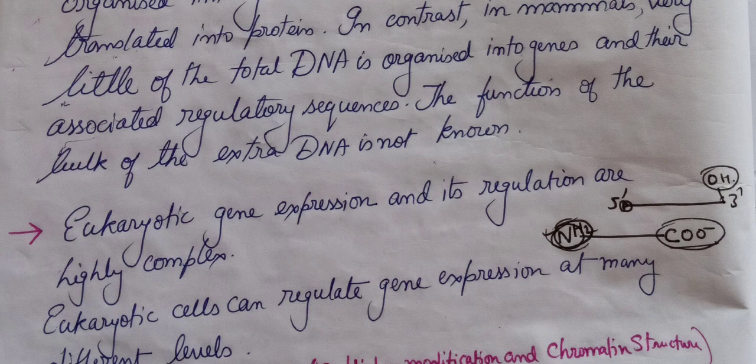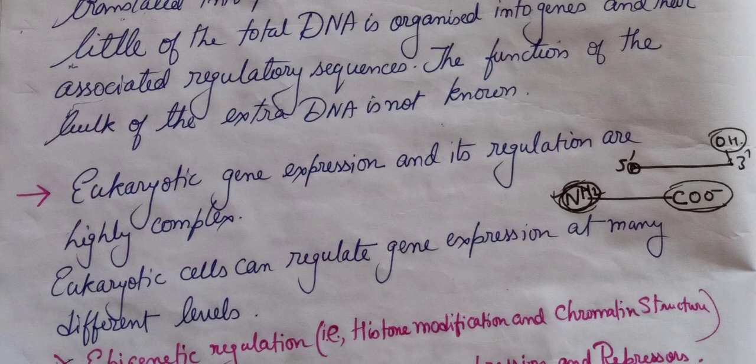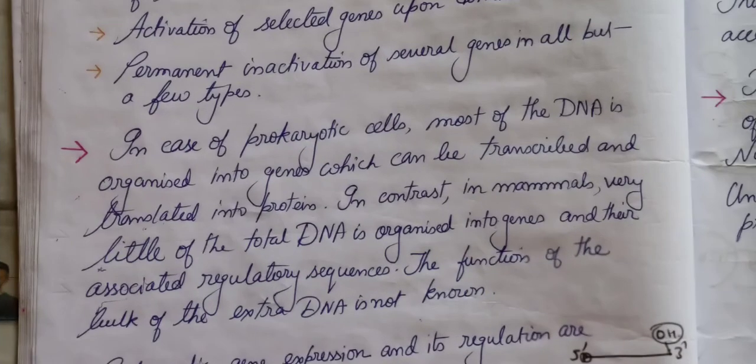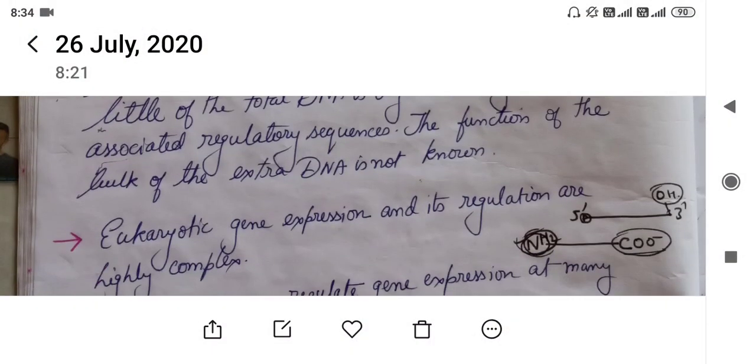It is very complicated, and at different levels they will be regulating that particular gene. So eukaryotic cells can regulate expression at many different levels. Let us talk about these levels.